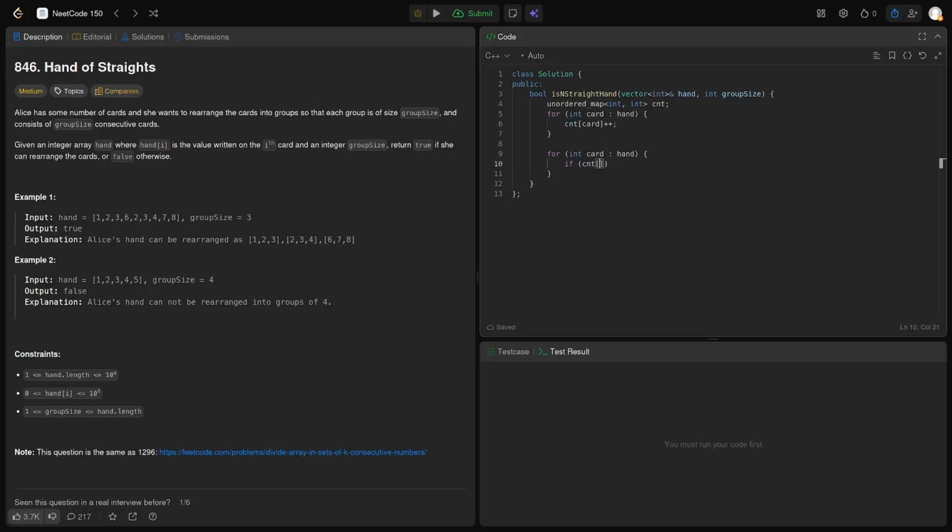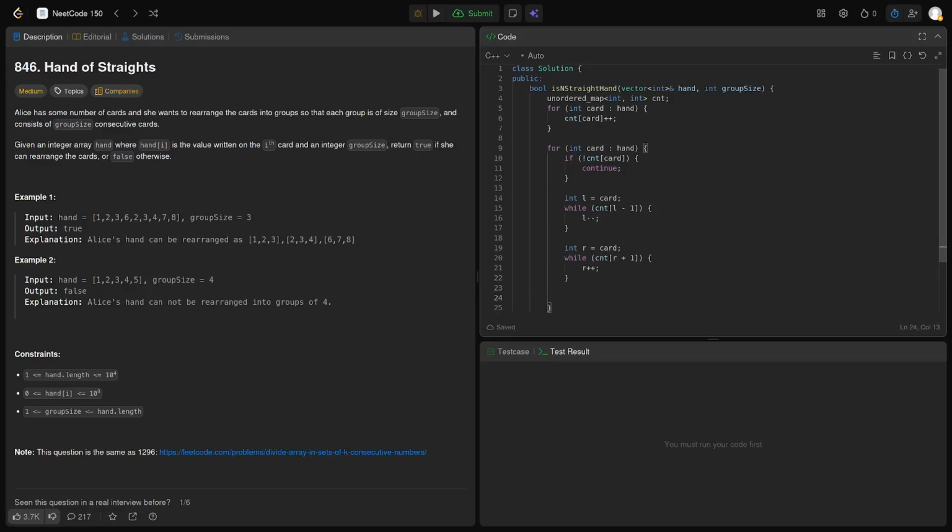Now if count of card is 0, then we continue. Otherwise, we do int l is card, while count of l minus 1, then l minus minus, and count of r plus 1, r plus plus.